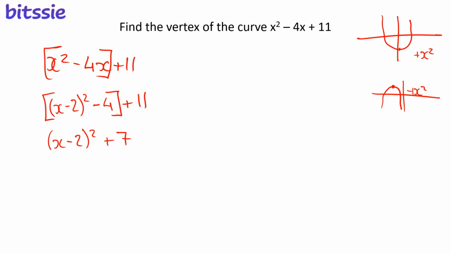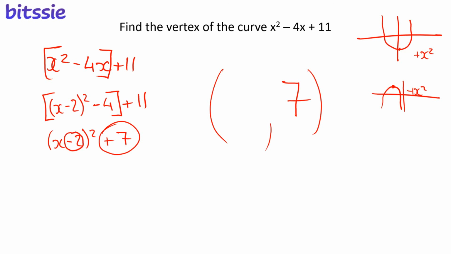However, we need to find this point on the curve. So it's going to be coordinates. Our y term is just this end bit, plus 7. But our x term, we need to find inside our brackets.